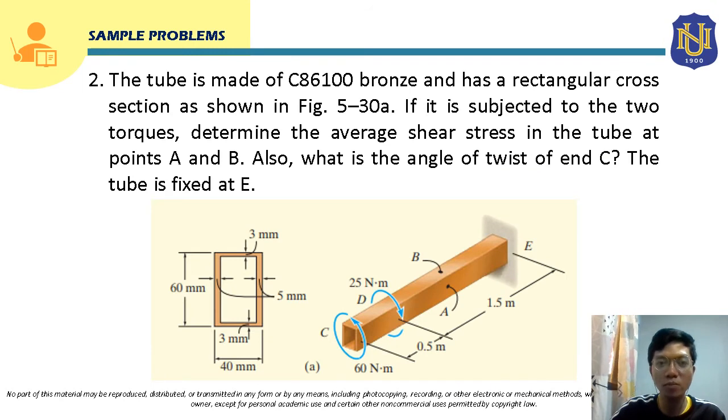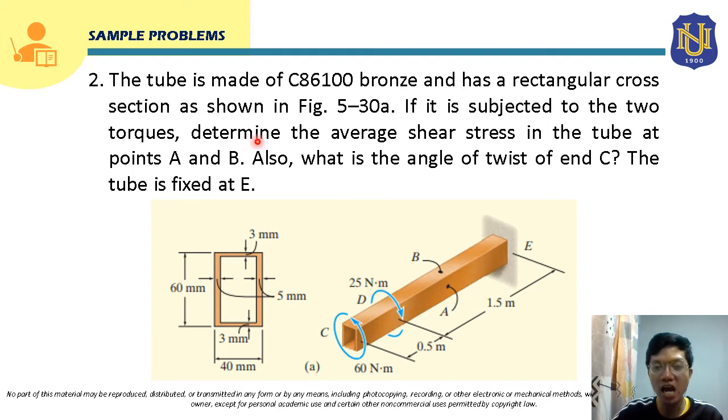For sample problem number 2, the tube is made of C86100 bronze and has a rectangular cross-section as shown in this figure. This is the cross-section of this hollow, thin-walled tube. It is subjected to two torques: 60 Newton meter, and this applied torque of 25 Newton meter.